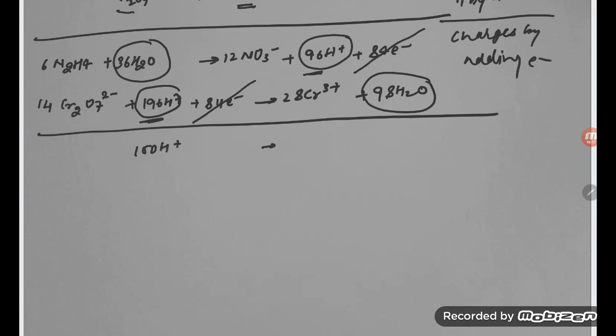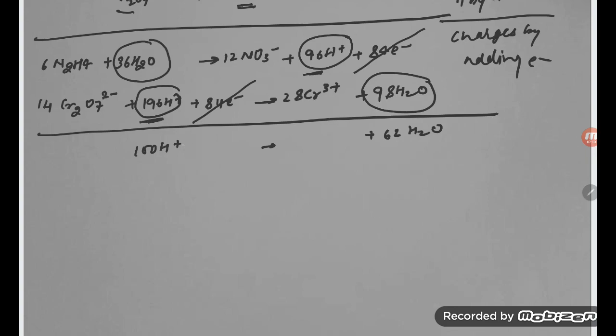Water here is 36 and on the other side it is 98, student. So how much water is going to come, student? It is going to be 62 H2O.